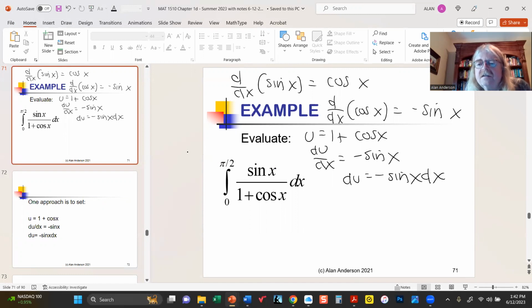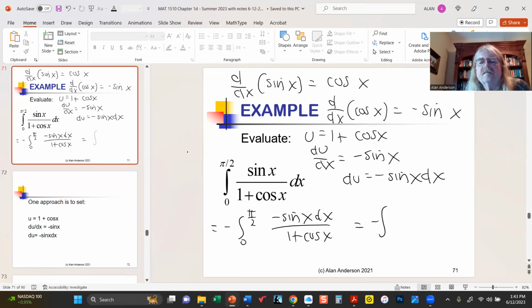Now, do we have this? No, but we only need that negative. So we can rewrite this as negative integral from 0 to pi over 2, negative sine x dx over 1 plus cosine x. And so what we actually have here is du over u, which means that we're going to have a log of a trig function.